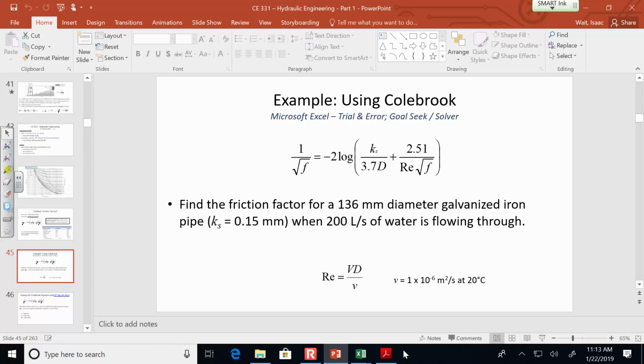7.071, right? Okay, now the right-hand side, this is going to take a little bit more effort. So the right-hand side is -2 times the logarithm of k sub s.